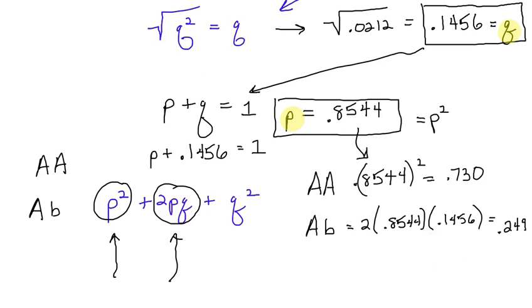So my answers to my question: the frequency of individuals that are p squared, which would mean homozygous dominant, is this. The frequency of individuals that are heterozygotes, the carriers, is this. Now, really fun, what was the percentage of the people that were recessive?